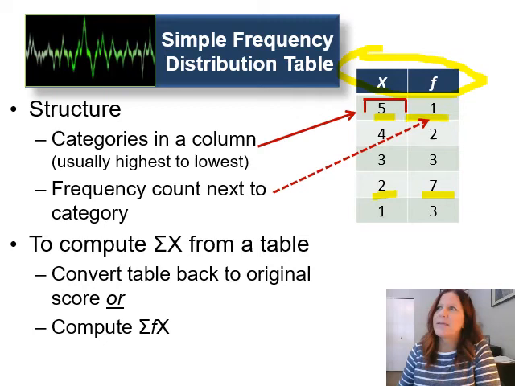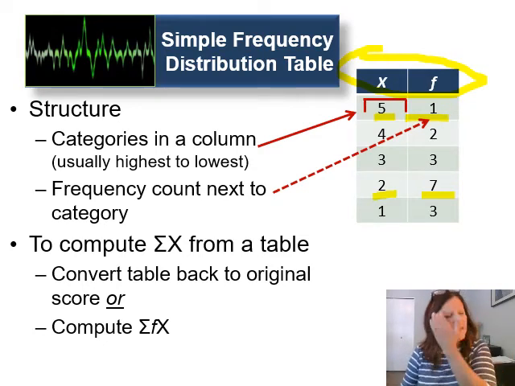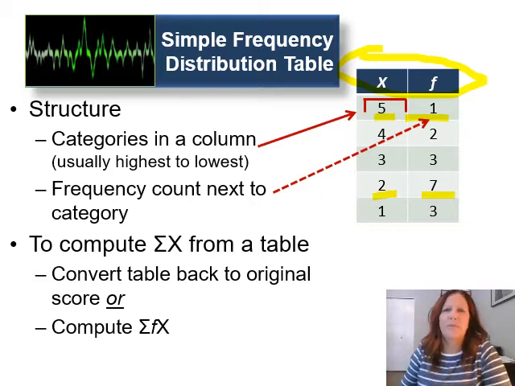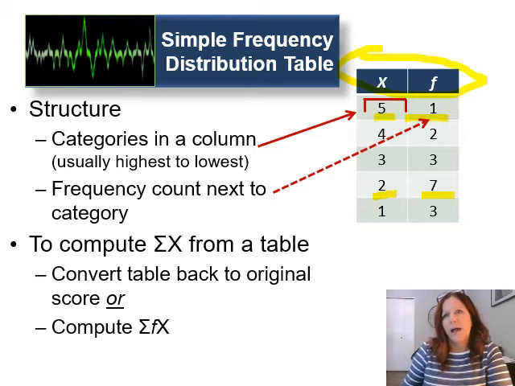So it's just a way to simplify the data, because otherwise you'd have this large data set, and sometimes, especially if you have like 100 different scores, it's hard to see a pattern, where in this you can see the patterns. So we often will see a simple frequency distribution table, and we'll have to start making some statistical calculations from it.